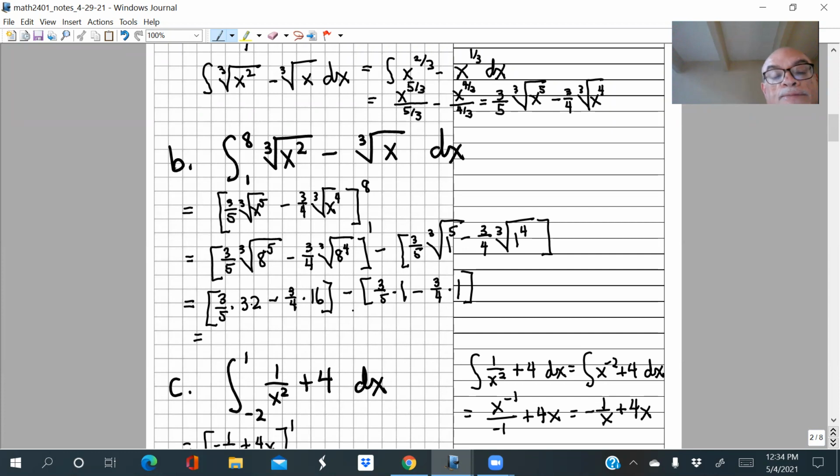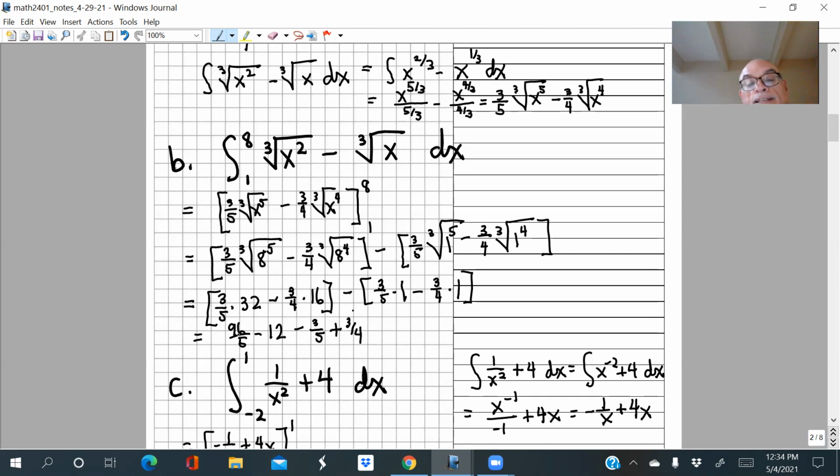Now, maybe this is not all that terrible. Let's see, 3 times 32, I think that's 96. So we have 96/5 minus 3 times 16 is 48, but divided by 4 is 12. So I have 96/5 minus 12. Well, 3/5 times 1 is 3/5. So you have this minus sign, so you have minus 3/5, and then minus a minus here would be plus, so that's plus 3/4.